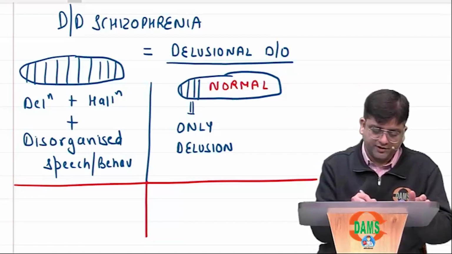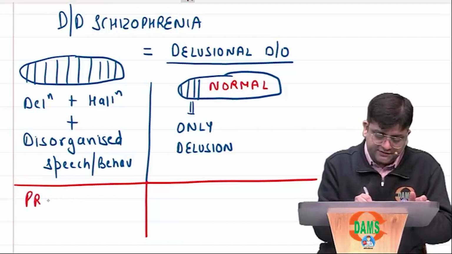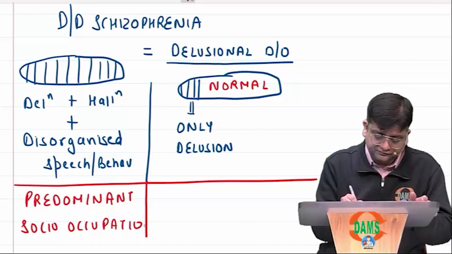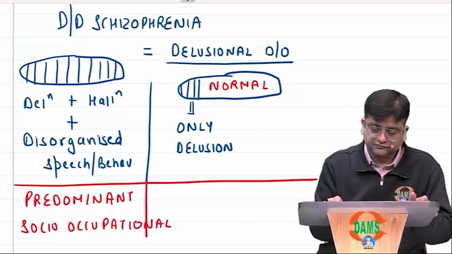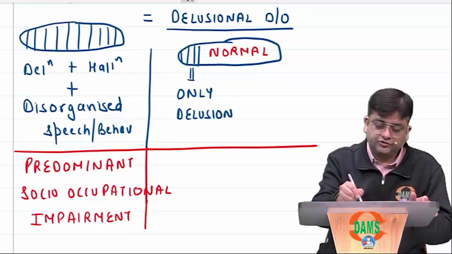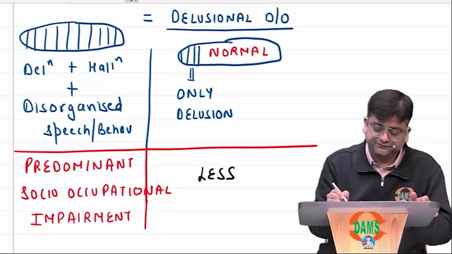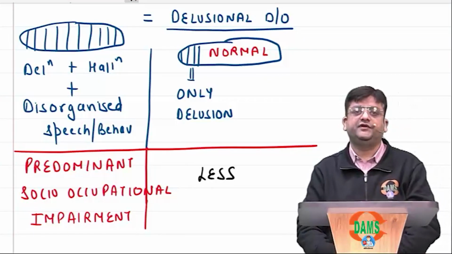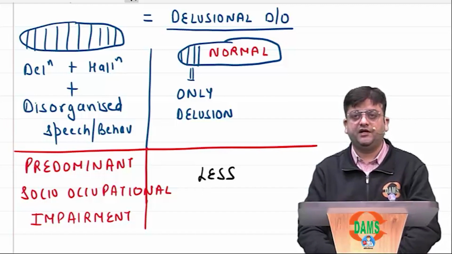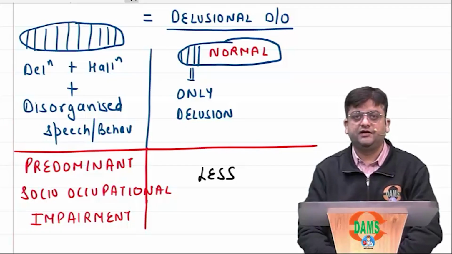Another important point is schizophrenia has predominant socio-occupational impairment, which is less in delusional disorder.